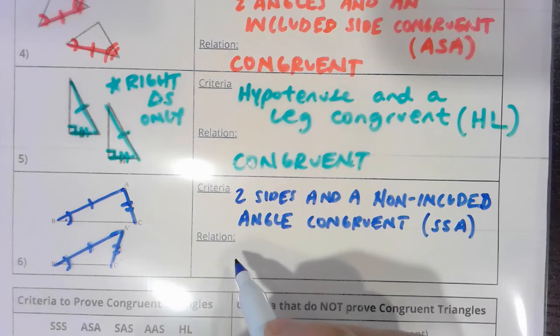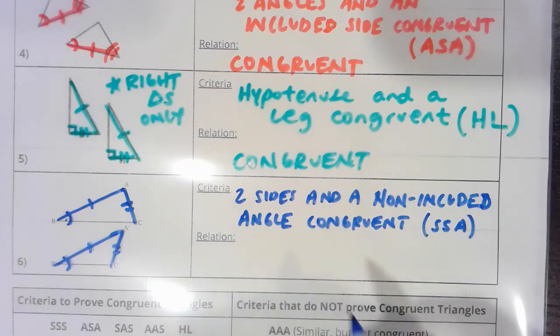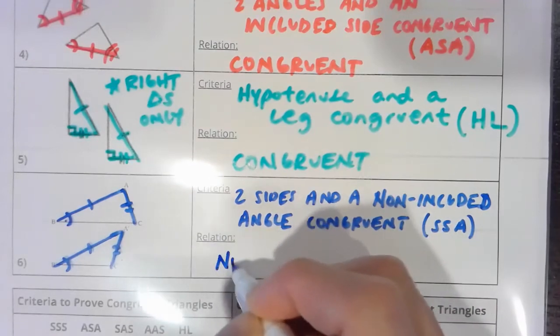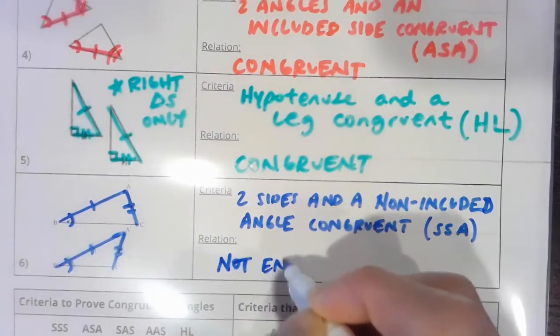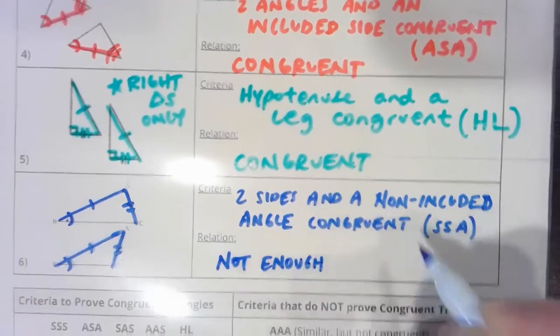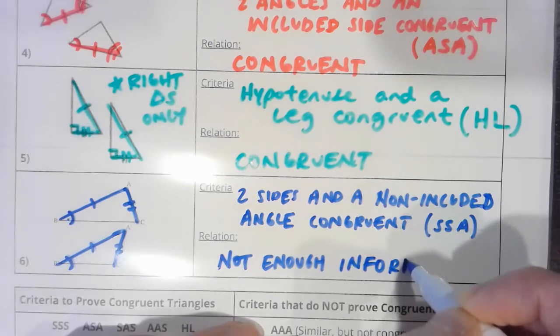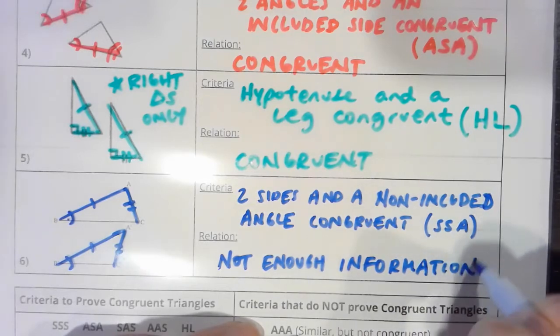In this case, we cannot conclude that the triangles are congruent. So we can only just say that there's not enough information. We don't know that they're congruent.